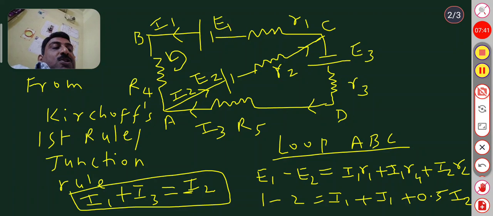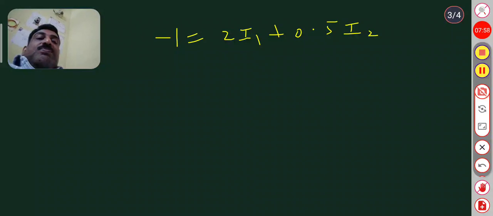When you solve this, you will get minus 1 is equal to 2I1 plus 0.5 I2. You will get this relation.